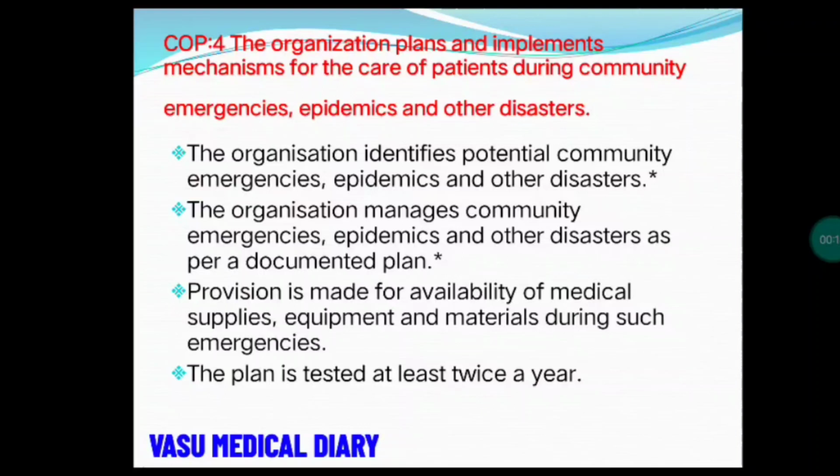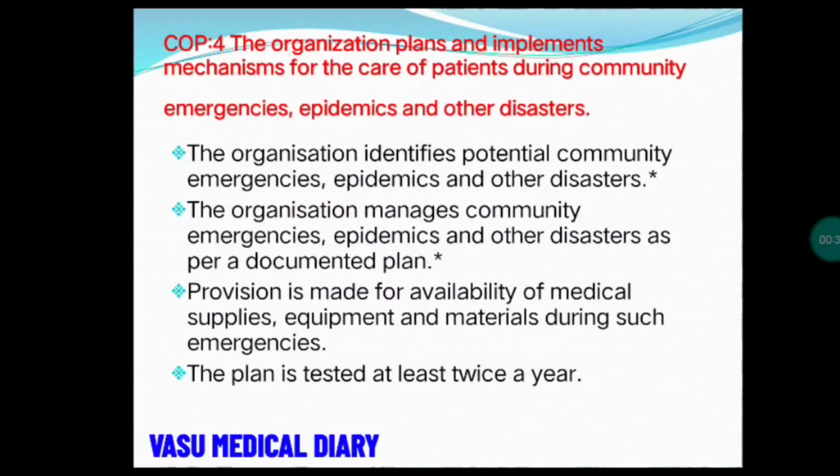Standard 4. The organization plans and implements mechanism for the care of patients during community emergencies, epidemics, and other disasters. So we should have the plan for disaster management. The organization identifies potential community emergencies, epidemics, and other disasters.